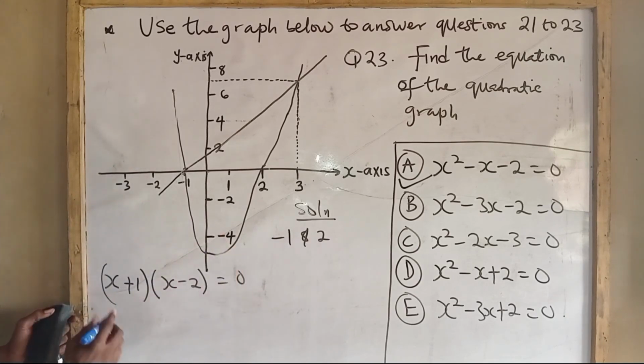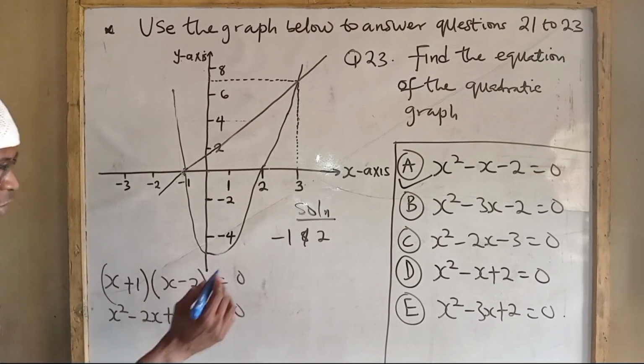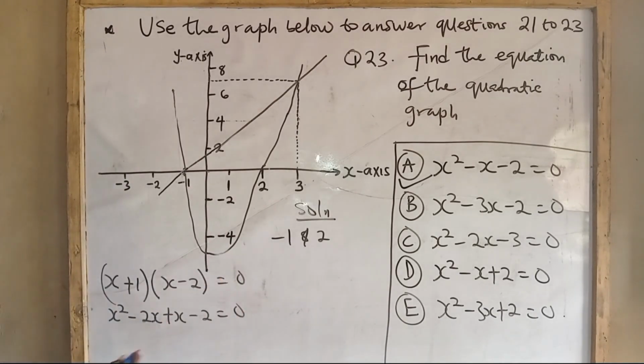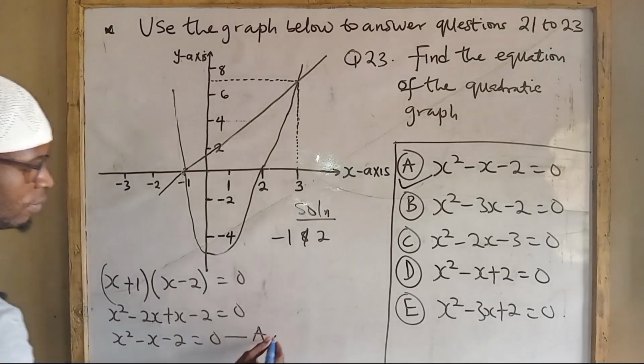When we expand this, we have x squared minus 2x plus x minus 2 equals 0. This gives x squared minus x minus 2 equals 0. So that is option A.